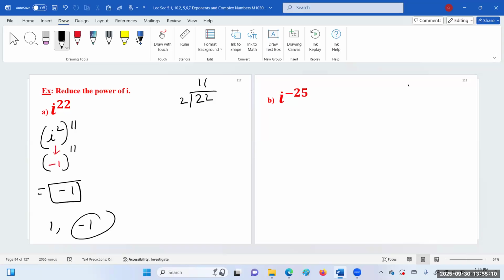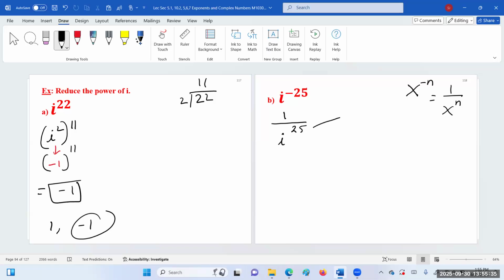Good job. x to the -n is 1 over x to the positive n. That's the exponent rule we are going to use here: 1 over i to the positive 25. But then 25, is it odd or even? Wait, 25. Odd.